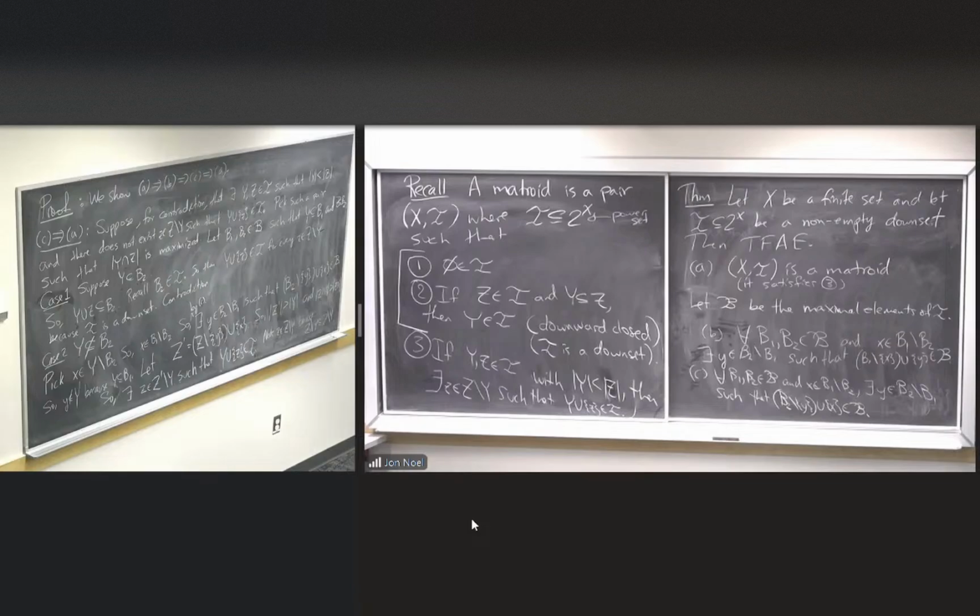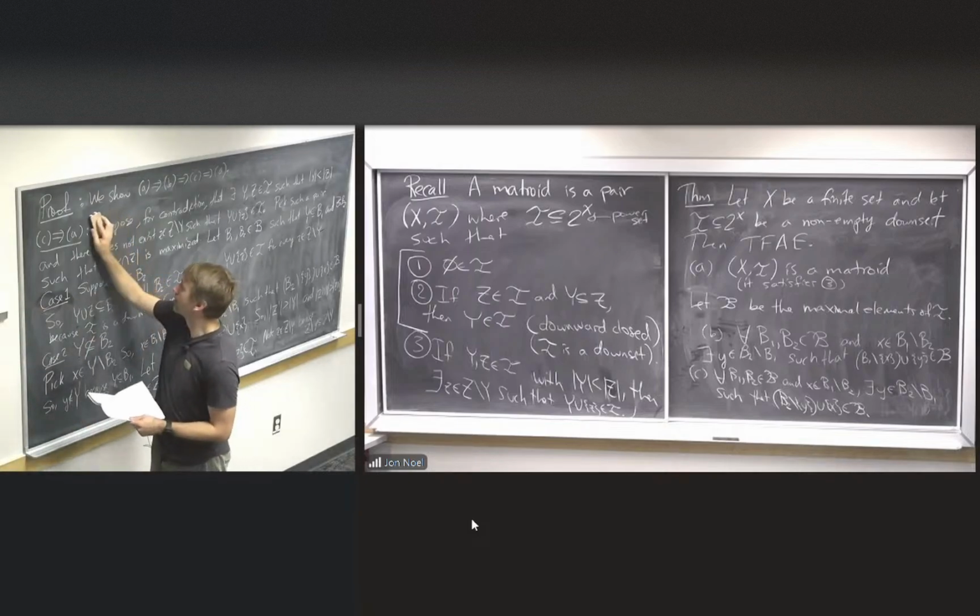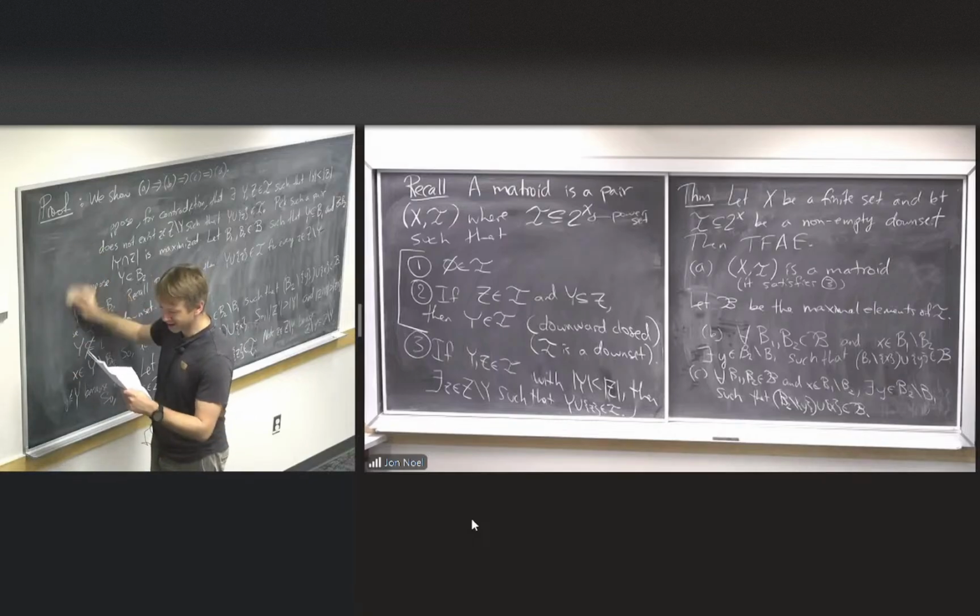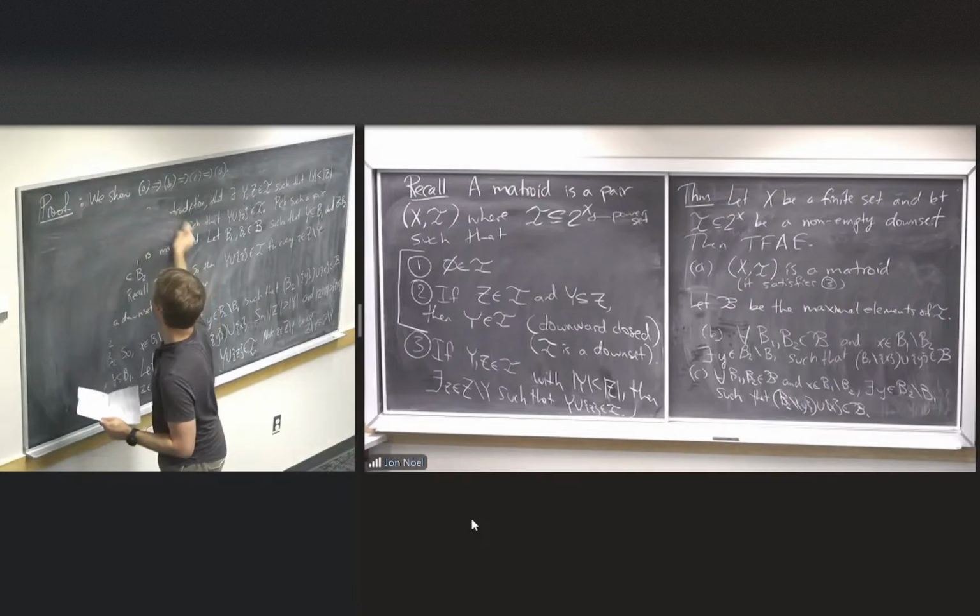All right. Which one are we going to do next? Okay, let's do A implies B. This one's the easiest one. Maybe I should have led with the easiest one.